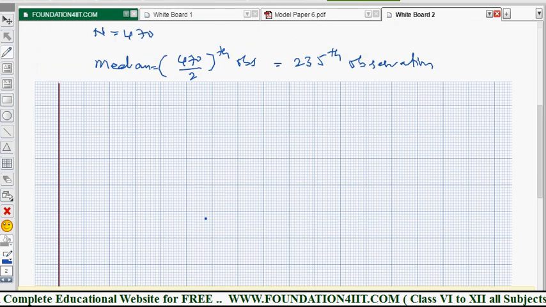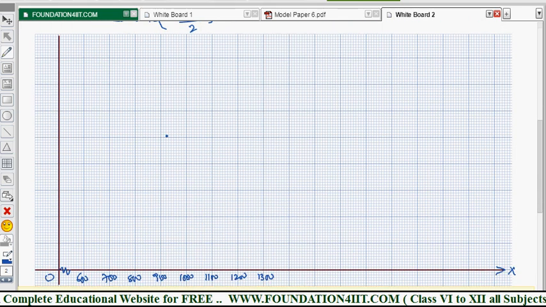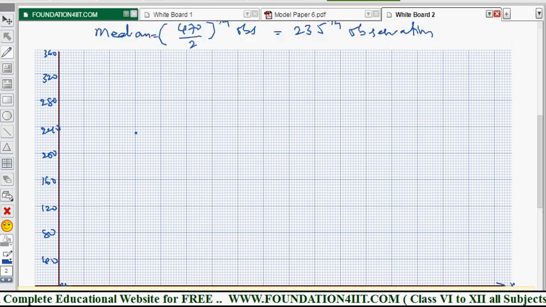So you can take 40 each: 40, 80, 120, 160. So 1 centimeter I am taking as 40 units, so 40 employees here. Then 160, 200, 240, 280, 320, 360 and next 400.